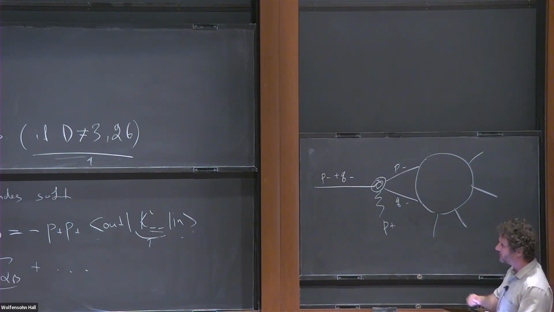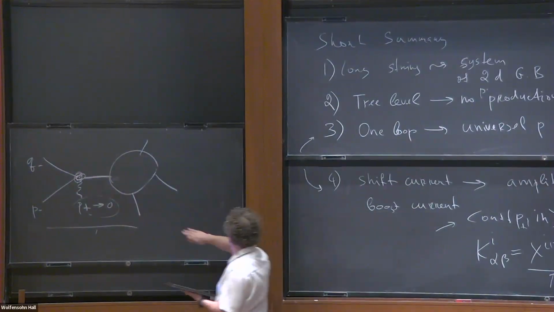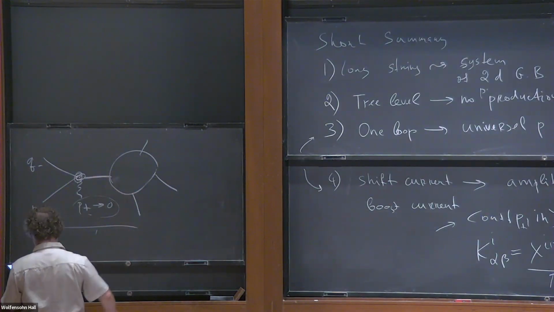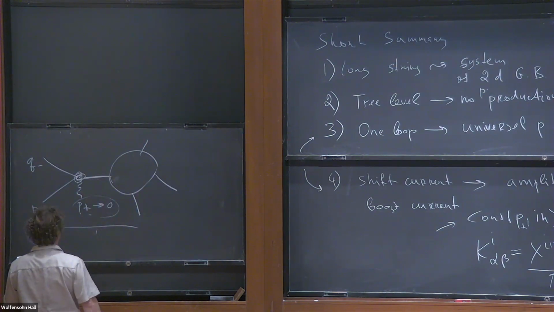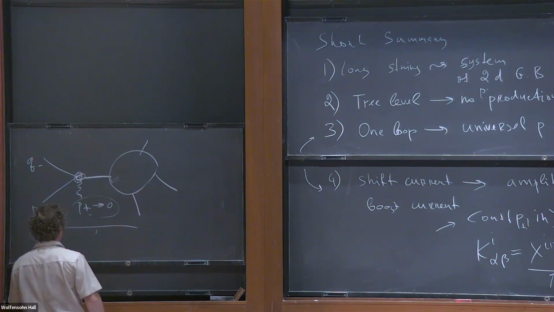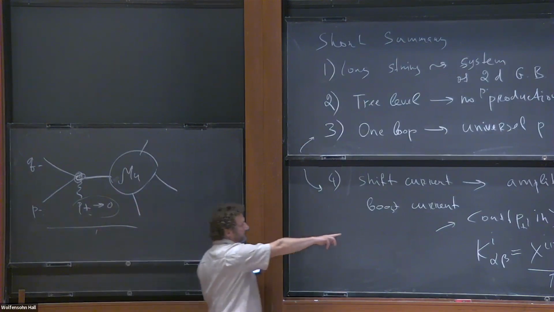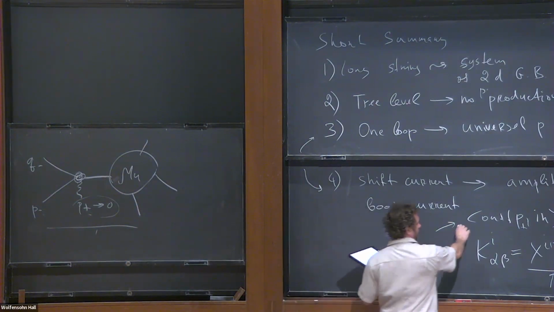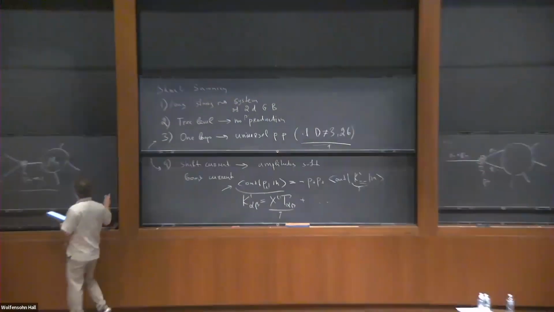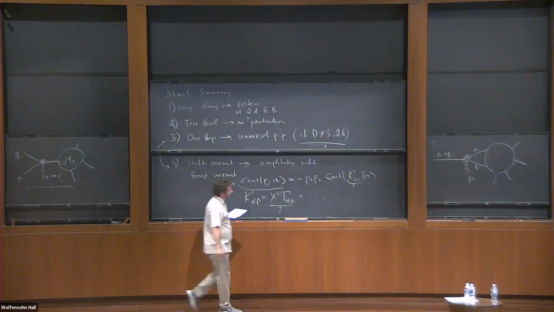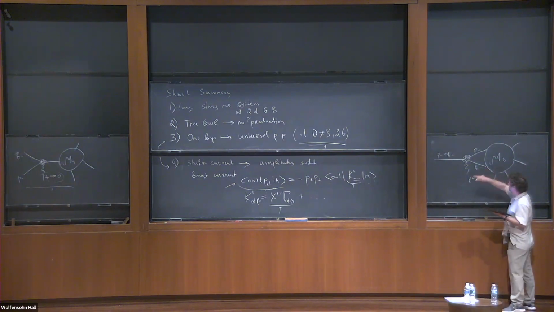So let's look at those, and let's look at the 6 particle amplitude. In principle, the diagrams here, which I can draw, can be arbitrary. But let's restrict to inspecting the 6 particle amplitude and the non-double soft part. So according to this Ward identity, if I'm interested in the 6 particle amplitude, the non-double soft part of this other amplitude will be given by the sum of these 2 diagrams.